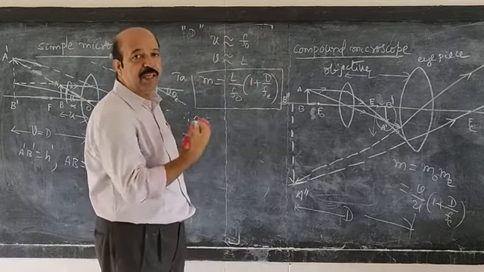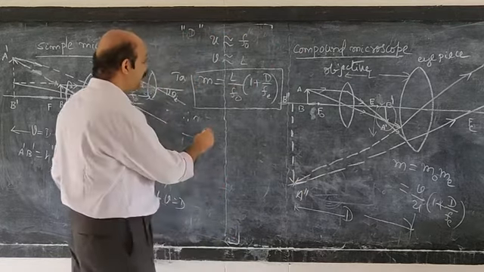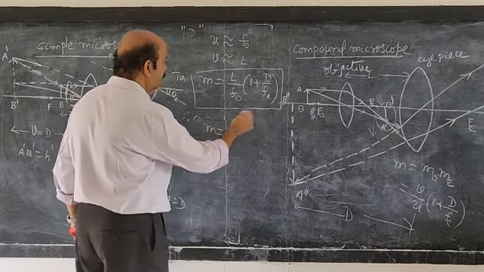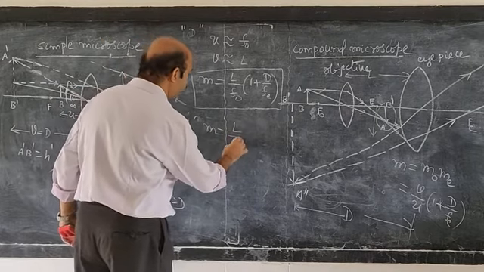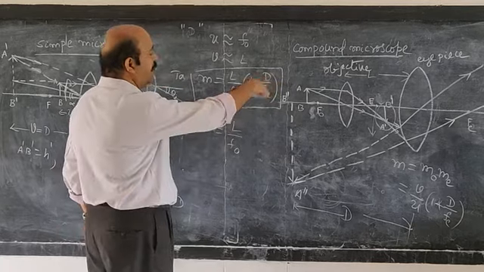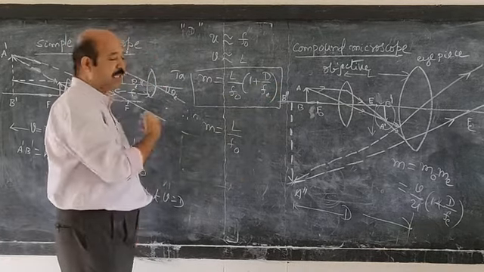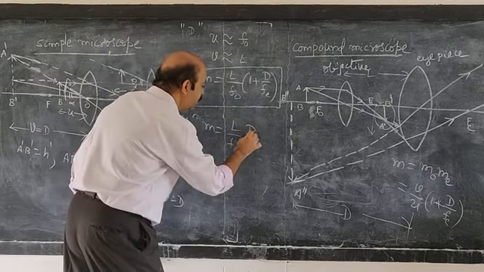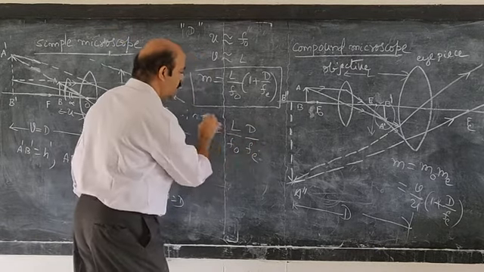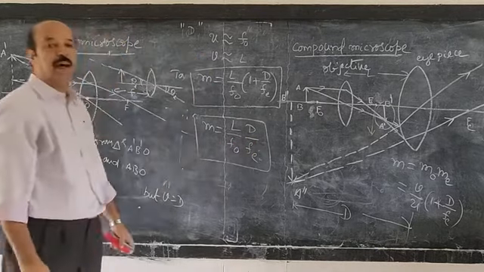Then the final image will be at infinity. In such case, it is L by F objective, and the formula for magnification of the eyepiece changes, as in the case of a simple microscope, to D by F. So this will be the formula.